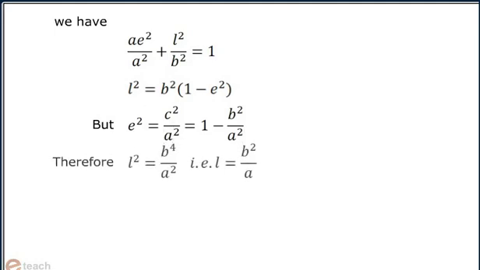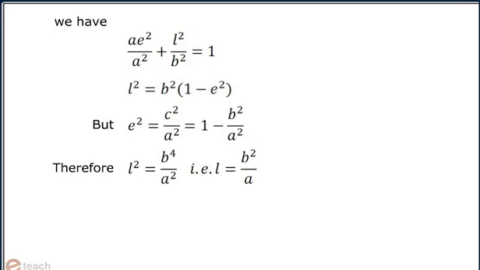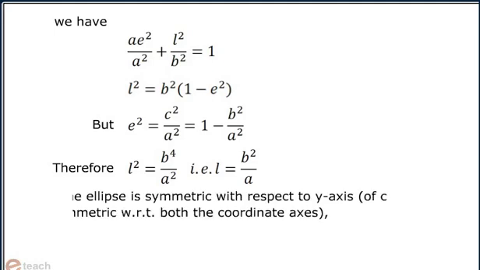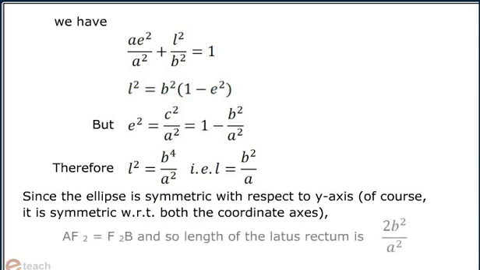Putting this in the above equation, we get l² = b⁴/a², or l = b²/a. Since the ellipse is symmetric with respect to the y-axis, and of course with respect to both the coordinate axes, AF2 = F2B, and so the length of the latus rectum is 2b²/a.